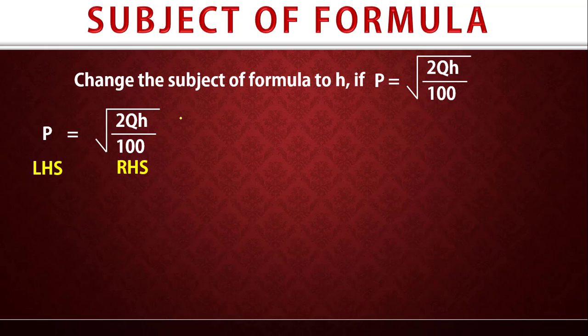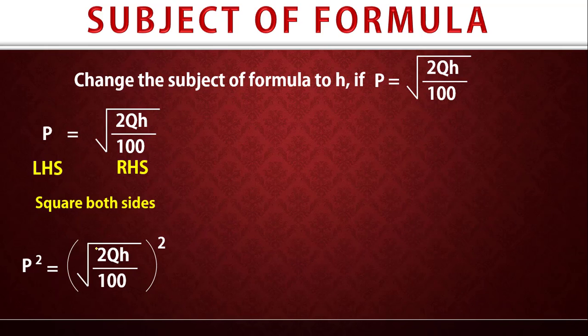Then all you need to do is square both sides. That means you square your left hand side and you also square your right hand side. So we now have p square equals the whole of the right hand side square. We have to bracket it and then put the square. That's the reason you can see the square right here.